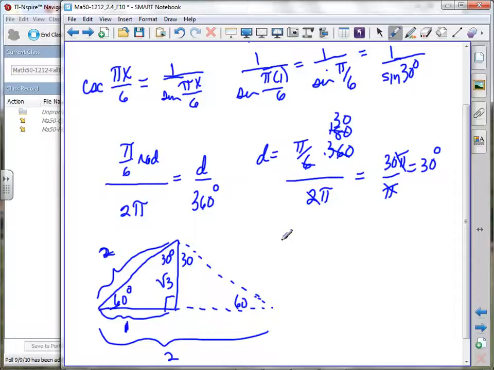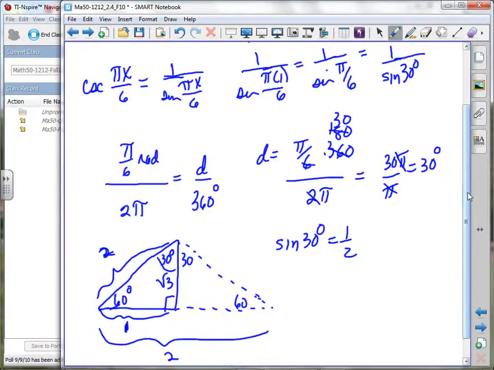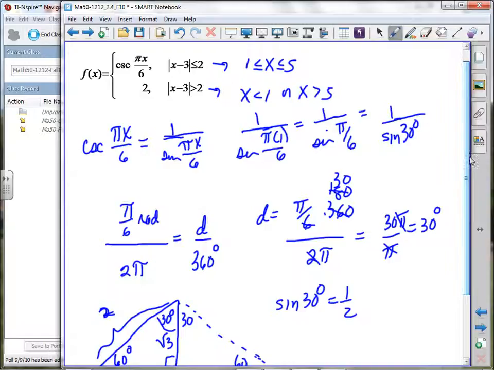Now, if I want the sine of 30 degrees, the sine of 30 degrees is opposite divided by hypotenuse. It's 1/2. The ratio is 1/2. Did you have it right? Okay, good. So if I take the beginning of the interval here, I get 1 divided by the sine of pi divided by 6, or 1 divided by sine of 30 degrees, or 1 divided by 1/2, which is equal to 2.